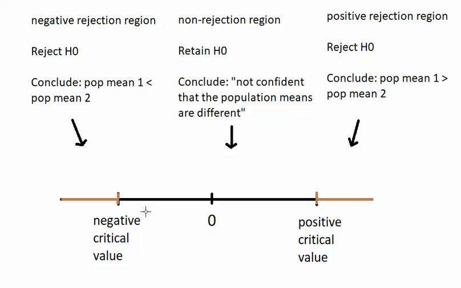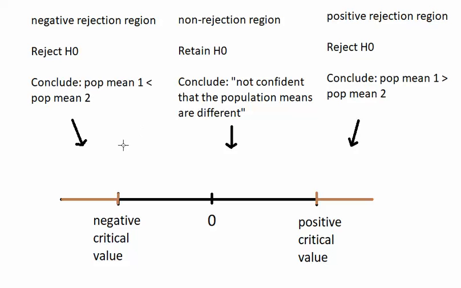And when you mark off the positive and negative critical values on this number line, it separates the number line into three areas. The area at the left that starts at the negative critical value is called the negative rejection region, the area in between the two critical values is called the non-rejection region, and the area that starts at the positive critical value and goes out to the right is called the positive rejection region.